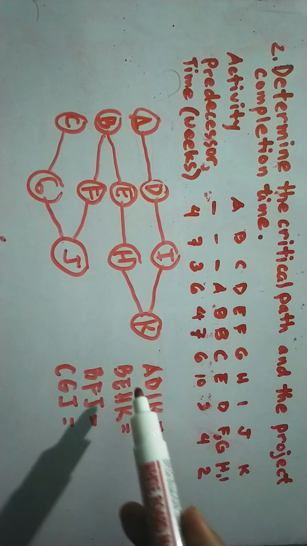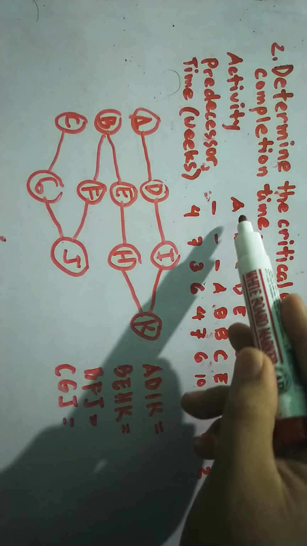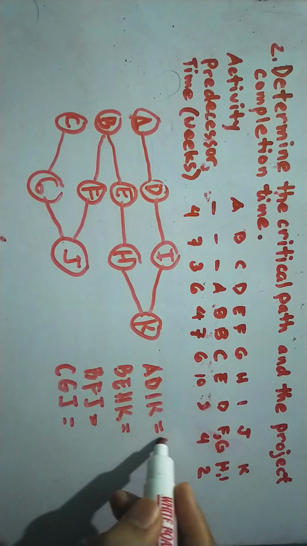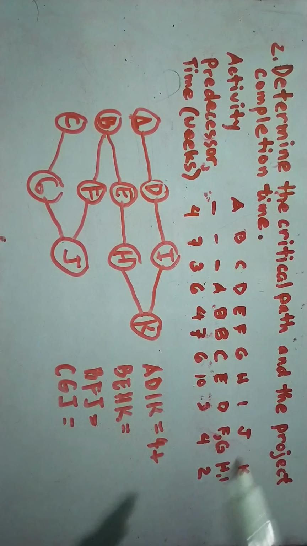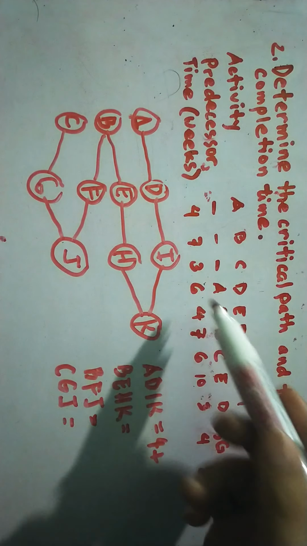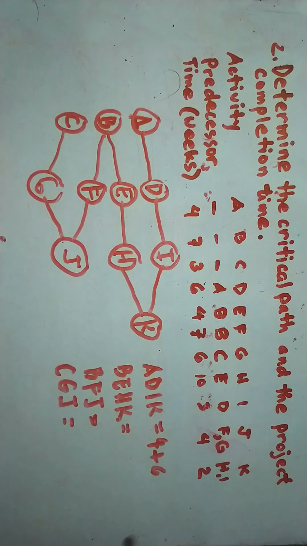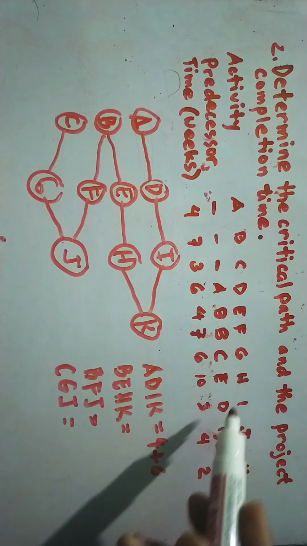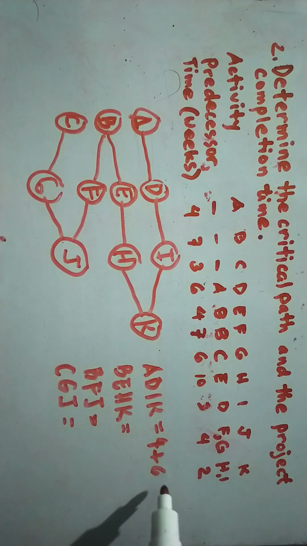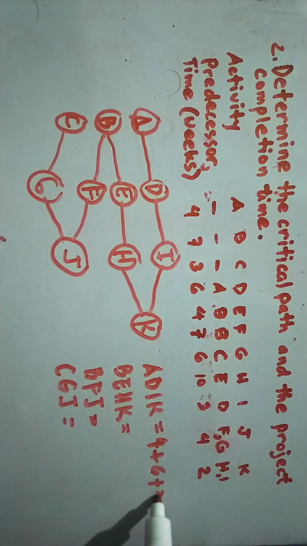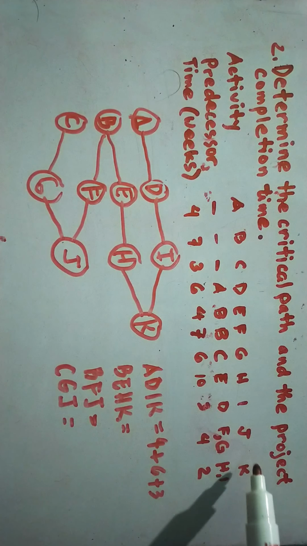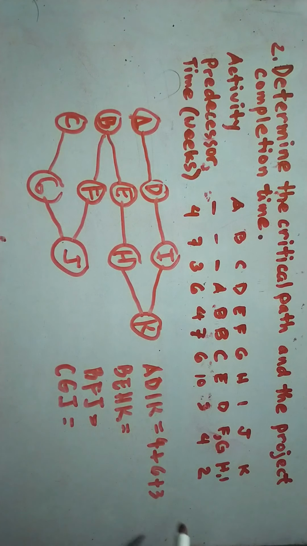So for activity A, we have here 4, plus D, that is 6, and then I is 3, plus 3, and then we have here K is 2, plus 2.